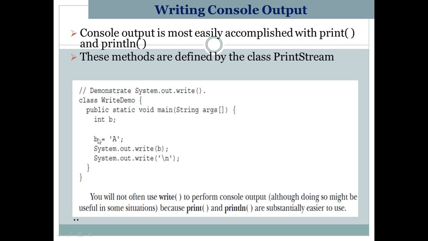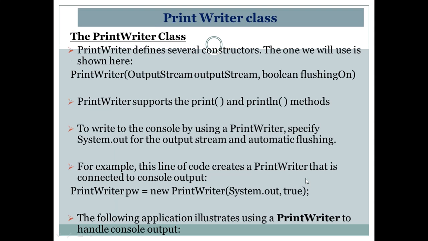Whatever value I have in b will be written to the console. You will not often use write to perform console output, although doing so might be useful in some situations, because print and println are easier to use.